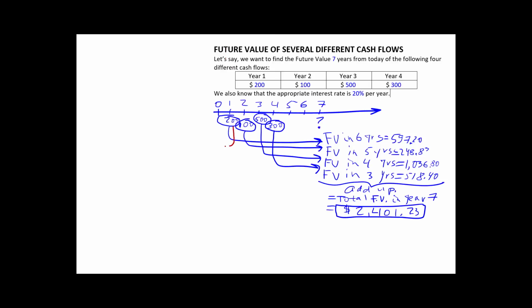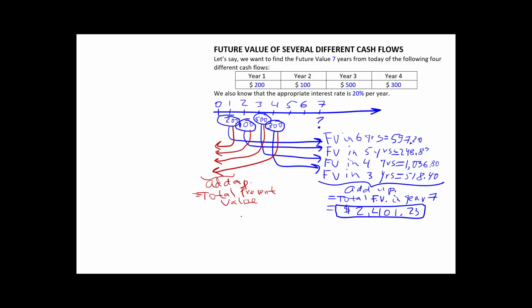You could find the present value of the first one, the present value of the second cash flow, the present value of the third cash flow, the present value of the fourth one. Then add them up. So that would be the total present value.